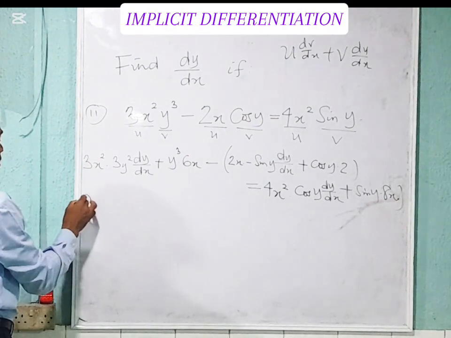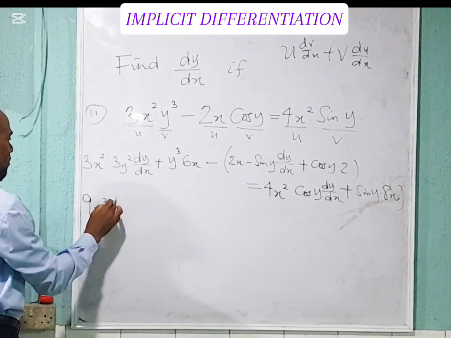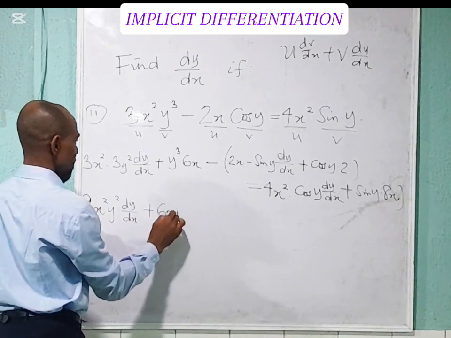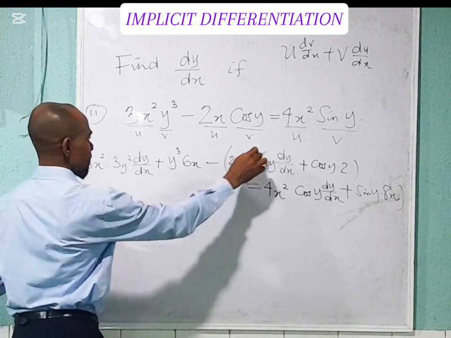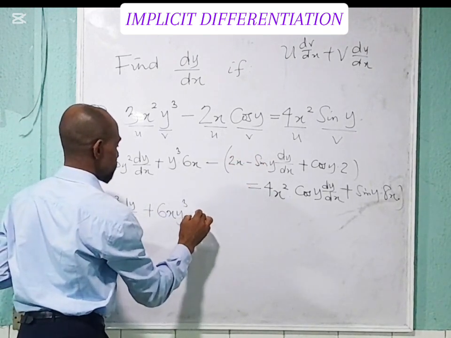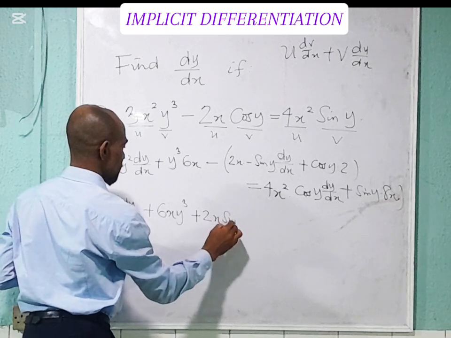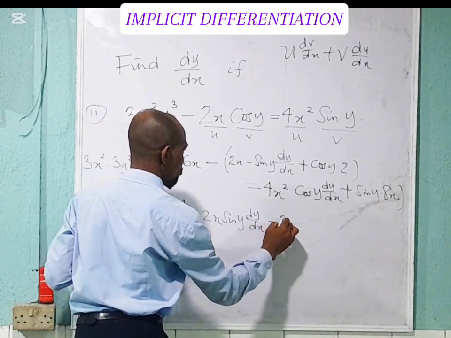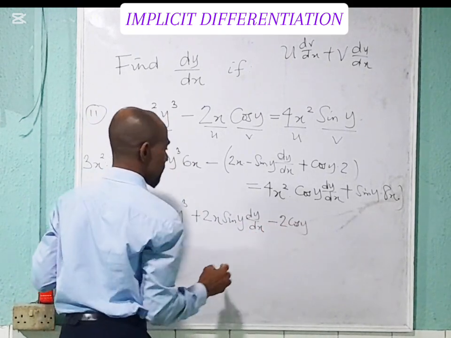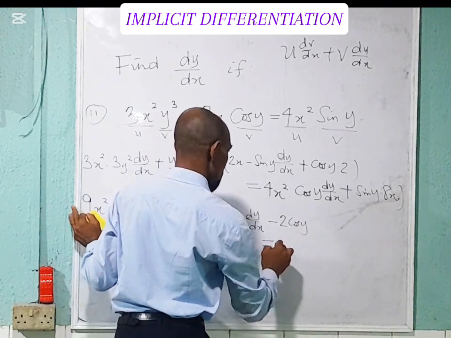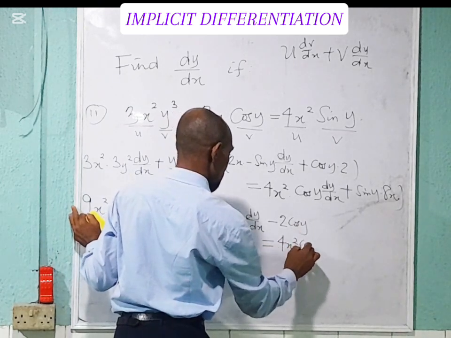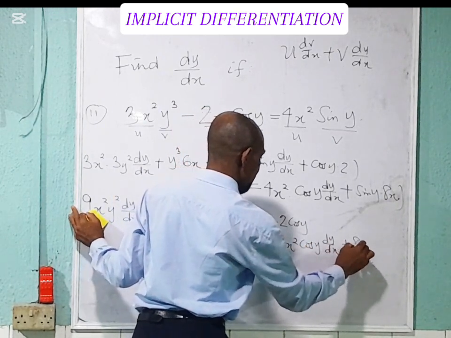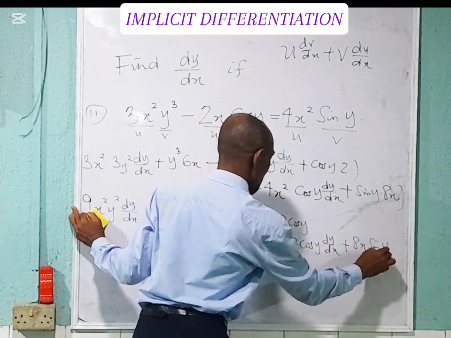So I'm going to have here 9x squared y squared dy/dx plus 6x y cubed. Then I'm going to have a plus 2x sin y dy/dx minus 2 cos y. Now equals 4x squared cos y dy/dx plus 8x sin y.